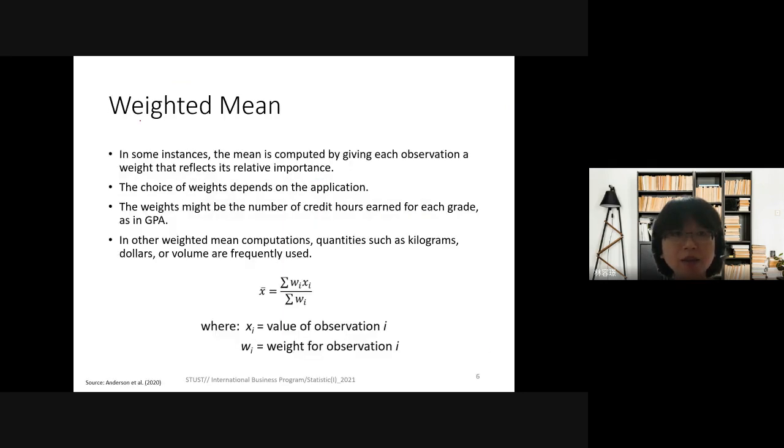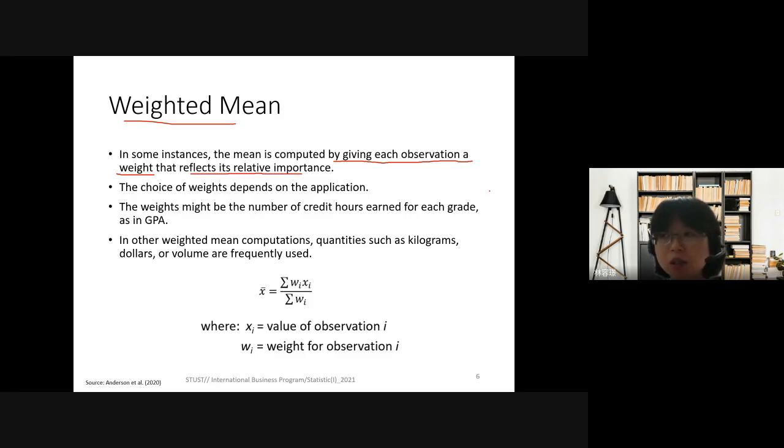And the other is the weighted mean. That is, sometimes the mean will be computed by giving each observation a different weight to reflect its relative importance.